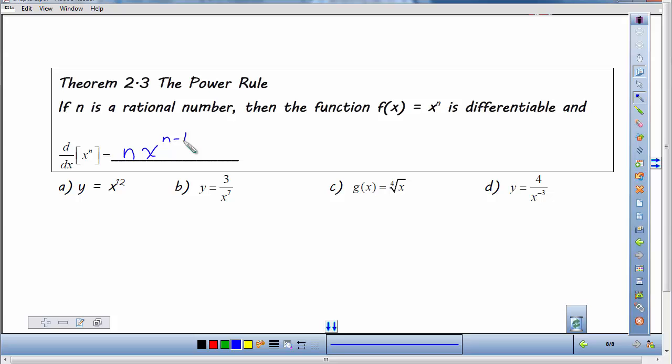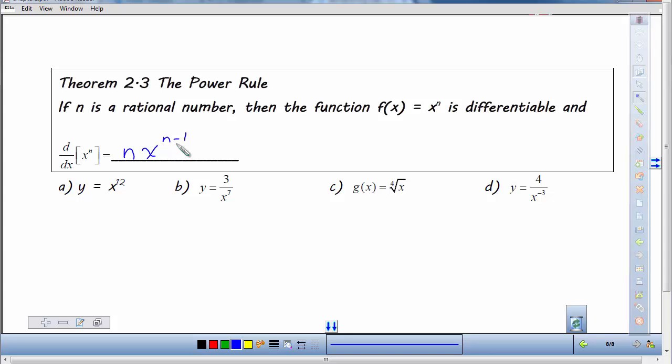So what we do is we take this n that was our exponent, we bring it out front, and then we subtract 1 from that exponent. That's our power rule. We'll use it all the time, so we've got to get really comfortable with it.